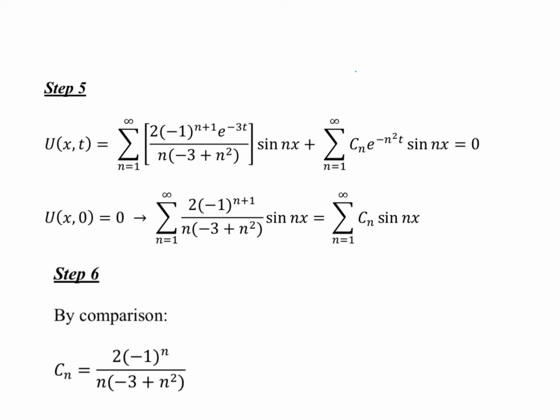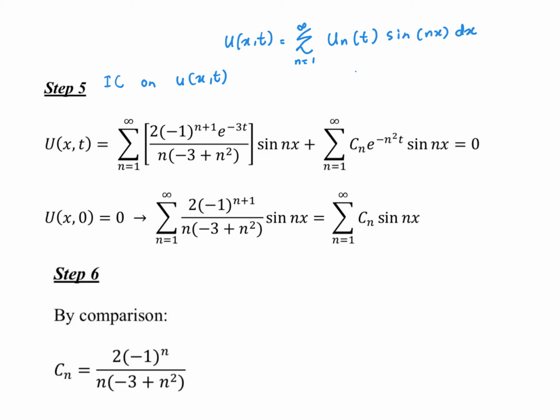For step 5, we are going to use the initial condition on u(x,t). So previously we know that u(x,t) is equal to the summation of u_n(t) sin(nx).